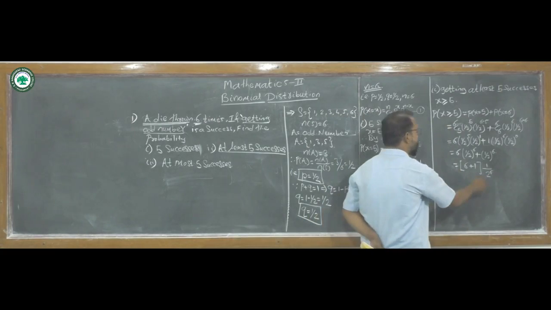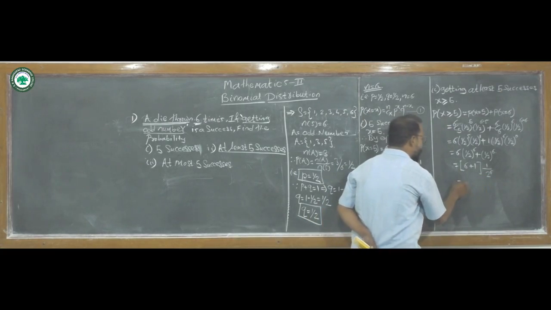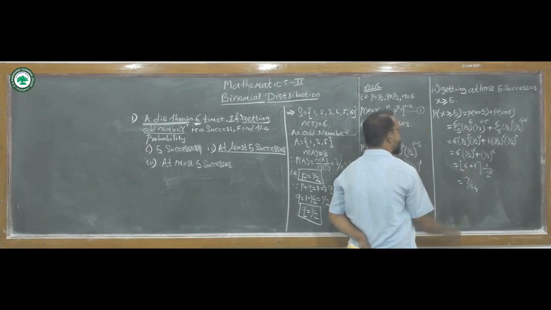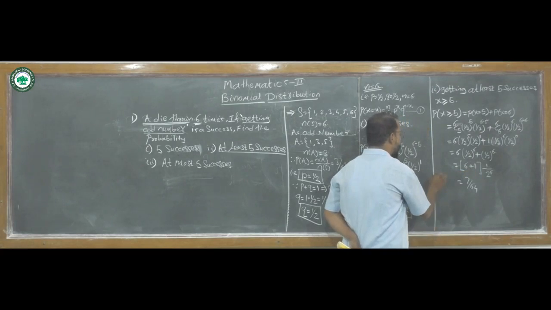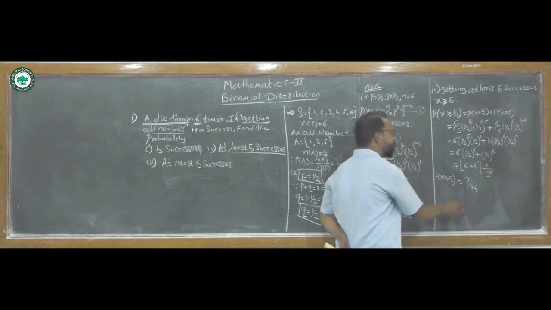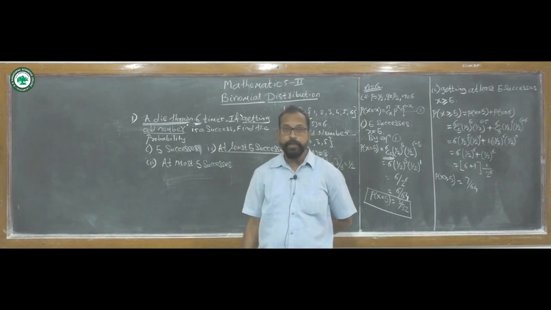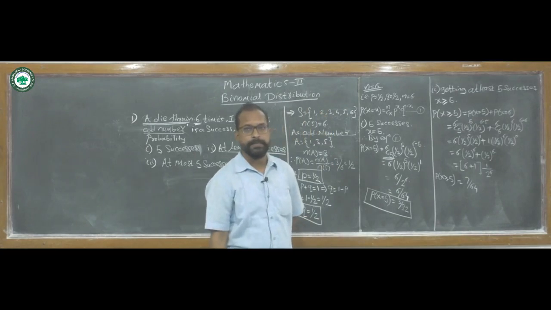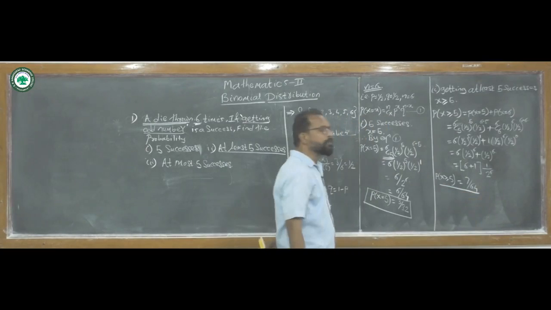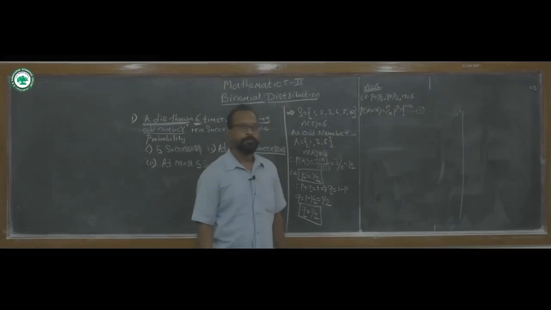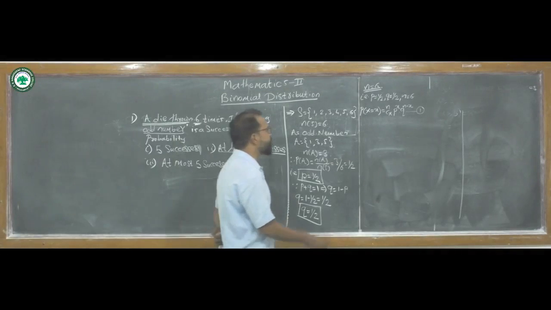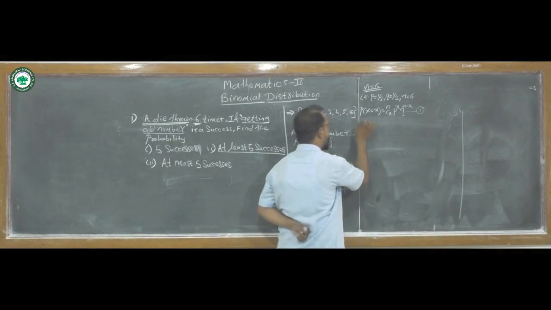We know that 2 raised to 6 is 64. So we get 7/64, because 6 plus 1 is 7. So the probability that x is greater than or equal to 5, that is getting at least 5 successes, is found to be 7/64.